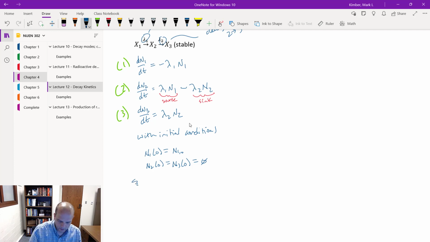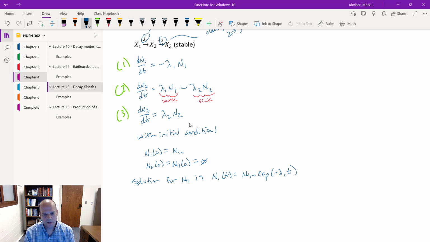And so our solution for N1 is no different than it was before. Since we know the initial inventory, then that will decay in an exponential manner, and the decay constant is the number that helps us determine that. So now let's go to N2.